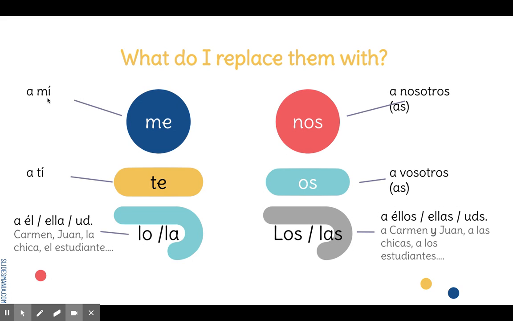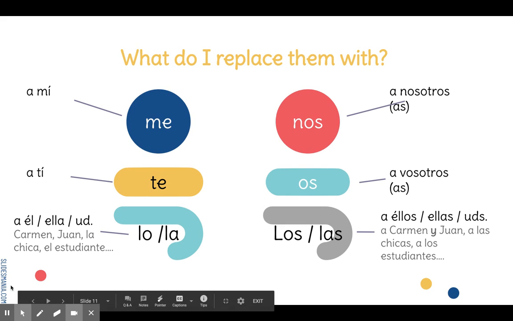Things like that. So what do I replace them with? If you ever see a sentence where "a mí" is the object, you're going to use "me" when you rewrite it. If it's "a ti," you're going to use "te." If it's "a él, a ella, a usted, a Carmen, a Juan, a la chica, al estudiante," whoever one singular person or thing is, right? If the person or thing is a one object singular, masculine or feminine, you go with "lo" or "la."